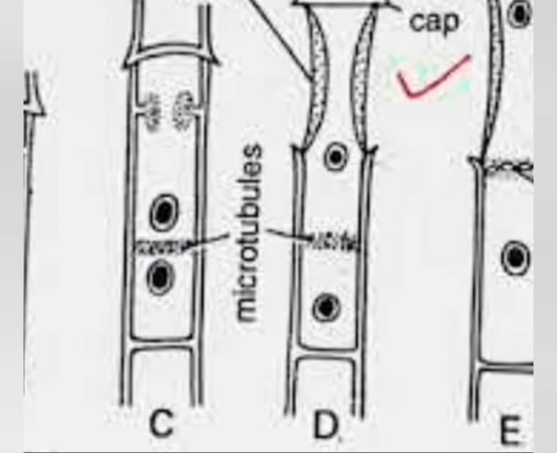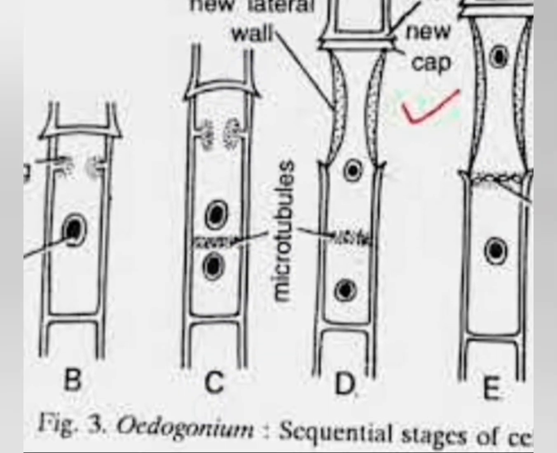At the end of cell division, as you can see here, first the nucleus divides into two nuclei, and what is in the middle of these two nuclei? They are microtubules, arranged in a row between the two daughter nuclei.